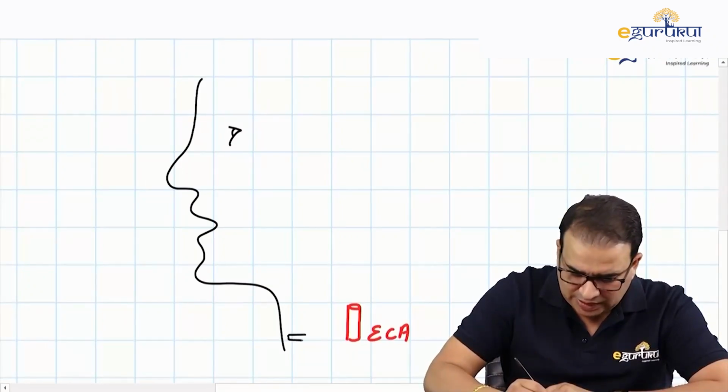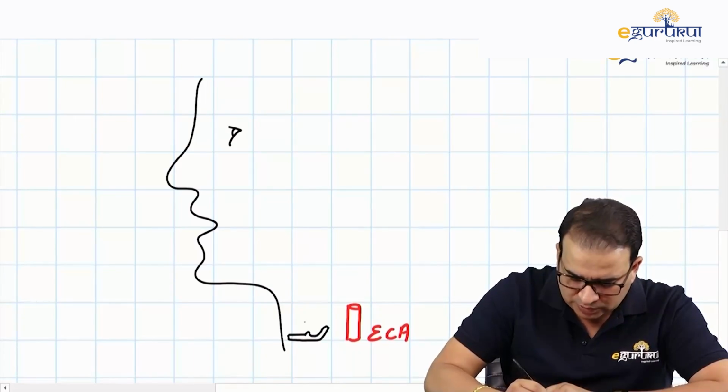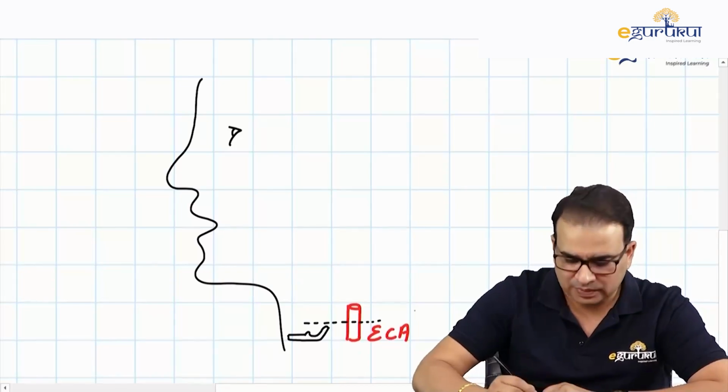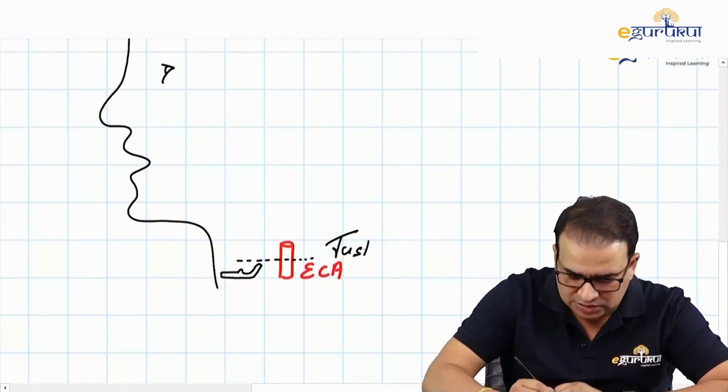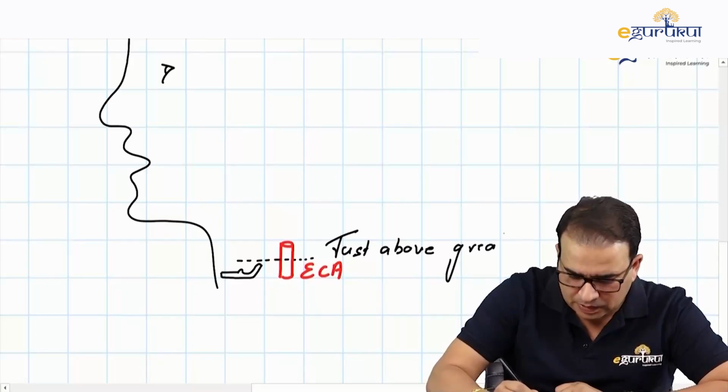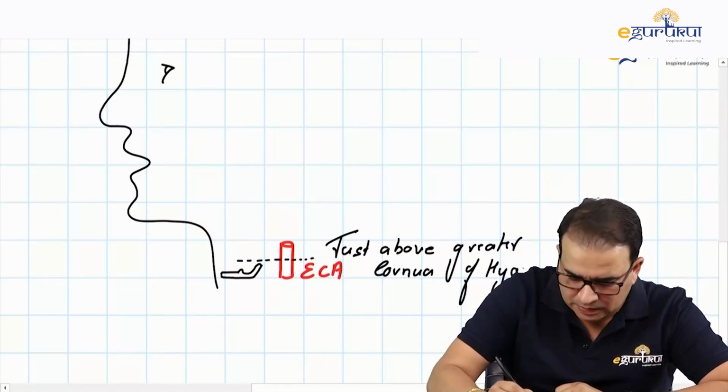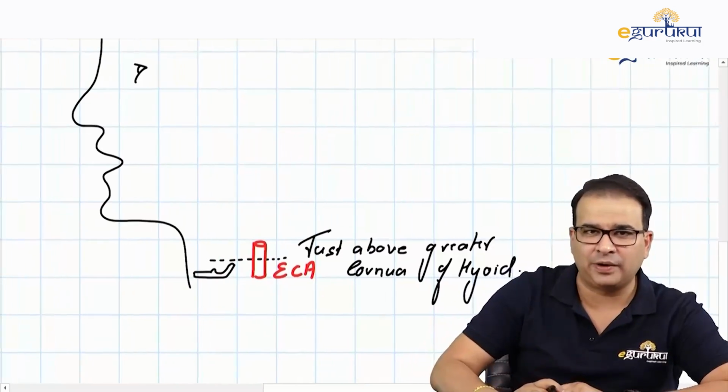But generally, if this is the hyoid bone, and let's presume this is the greater cornua of the hyoid bone, I'm drawing a line which is just above the greater cornua. Let me write that also. The origin of the facial artery is just above the greater cornua of the hyoid.